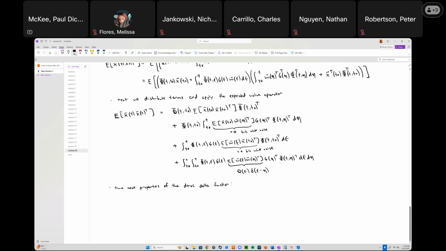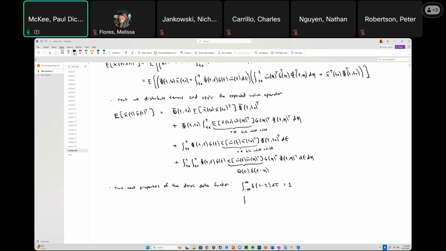Okay. The first is that the integral from negative infinity to infinity of Dirac delta (t minus tau) d tau equals 1. So, kind of by definition, the integral forever to the left, forever to the right of Dirac delta is equal to 1.